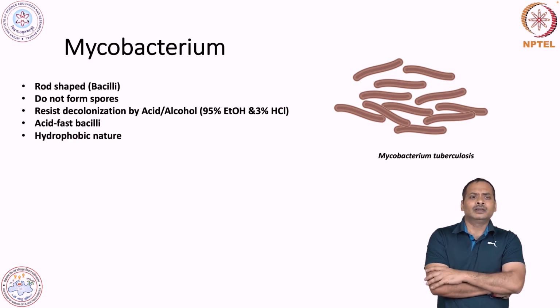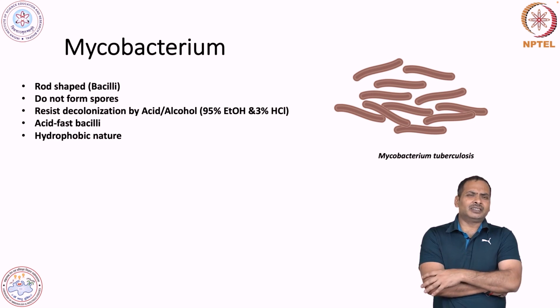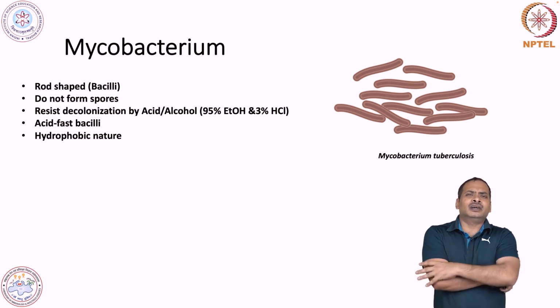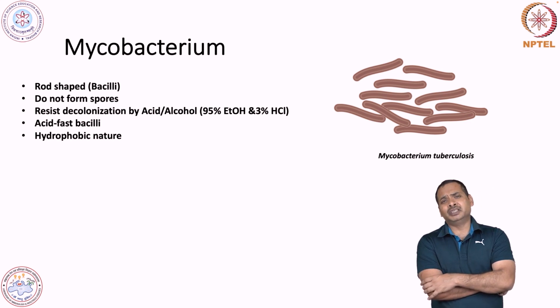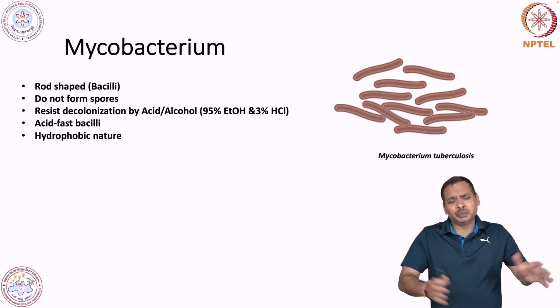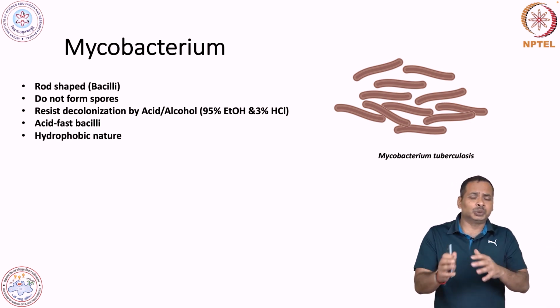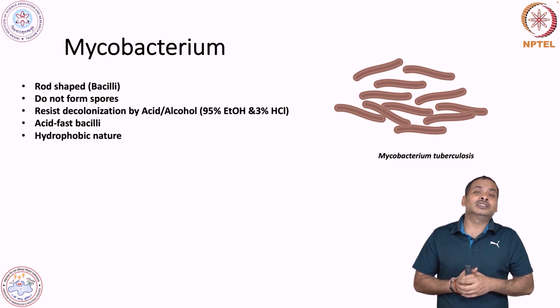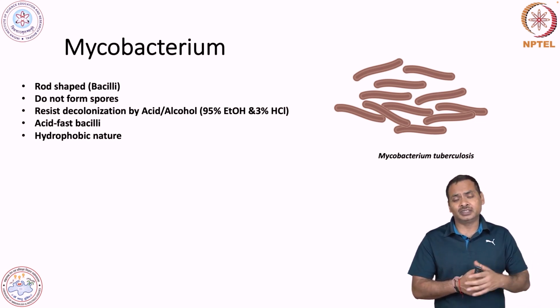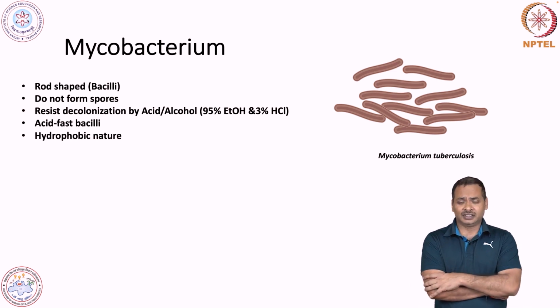By and large, these mycobacteria are more hydrophobic in nature. They have a variety of lipid and lipid or sugar derivatives over the wall. We'll take up the composition of the wall in great detail in a subsequent slide in this session.